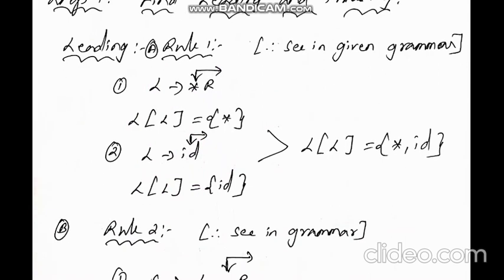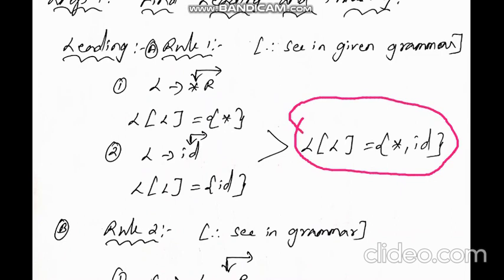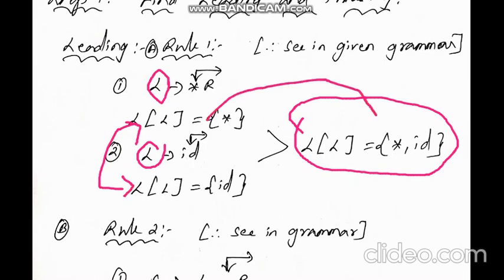So finally we got leading of capital L. See here, this is the left hand side value, you have L and this is also L. So we need not have two different values for this. So both the leadings are commonly rewritten in this way, right? So you can see here leading of capital L is equal to asterisk and ID, both together here, right? Both together have been rewritten as one single set, right?